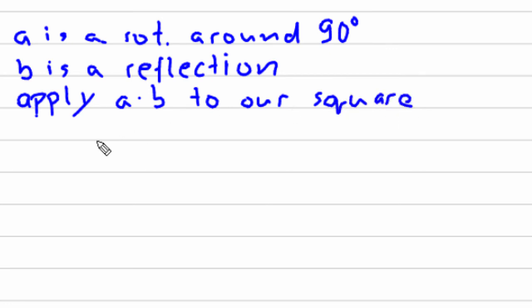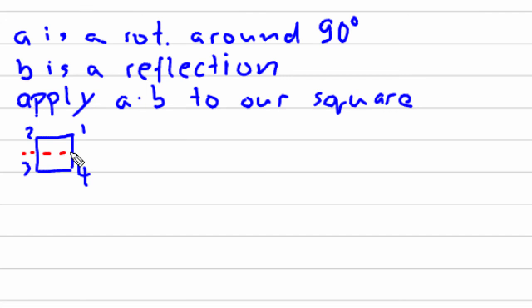Well, let's do the experiment. Say we have again our square here. 1, 2, 3, 4. And what this means here is that first we have to apply B and then we apply A, meaning first we reflect, and now we need to first find one of our reflection planes.